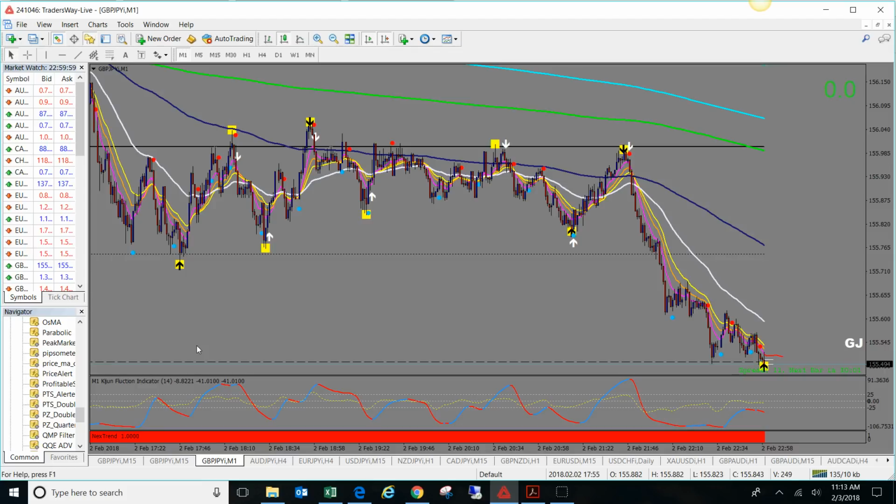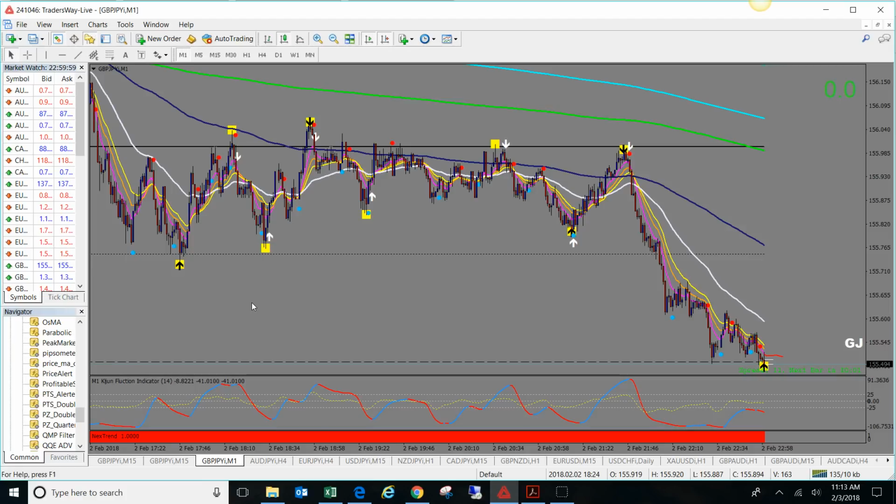Now this is my favorite indicator for entry confirmation when added to the Agimat, as far as adding something to give you that extra confirmation that you need. You can see them, it's this little red dot and the little blue dot. Now the good thing about this is it doesn't repaint. So once this dot pops up, you're good.